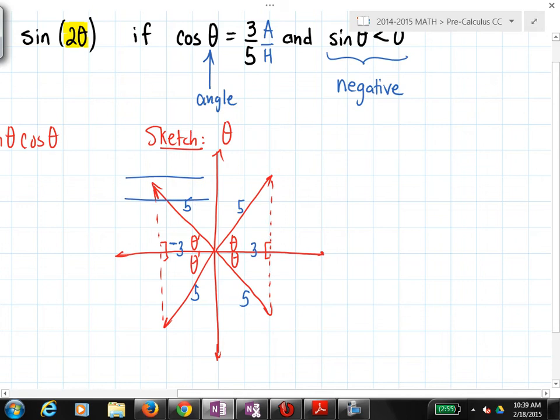Yeah, I can eliminate these quadrants over here simply because cosine, let's make a note, I can say that on these two quadrants, cosine of theta is equal to negative 3/5, not positive, which is what the problem is telling us that we want.